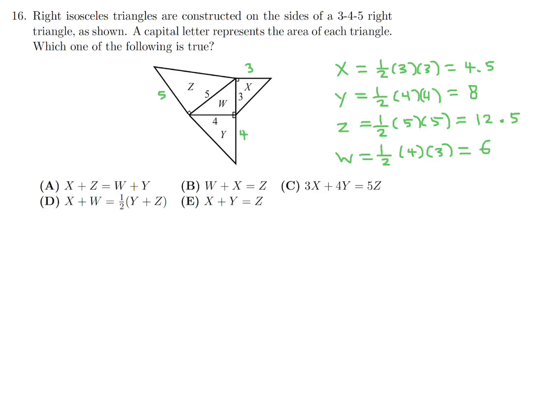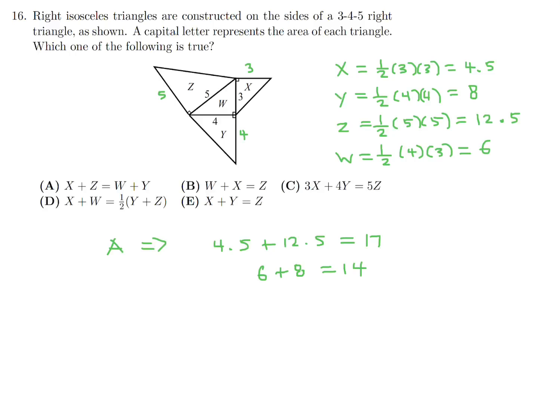And now we just have to figure out which one of these equations holds true. X plus z, let's do this here. X plus z plus y plus w. X plus z is 4.5 plus 12.5, and that is equal to 17. And w plus y is 6 plus 8, which is 14.